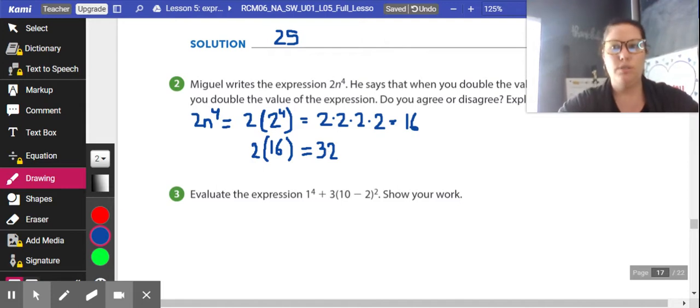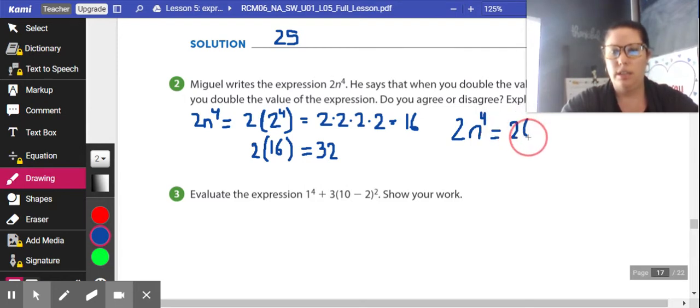So let's use 1 for single because we're not going to double it. So we're going to do the same process again, but instead of 2 for n, we're going to put in 1 for n, and we're going to see if it is doubled. So we have 2n to the 4th here, and then I'm going to plug in 1 for n, 1 to the 4th.